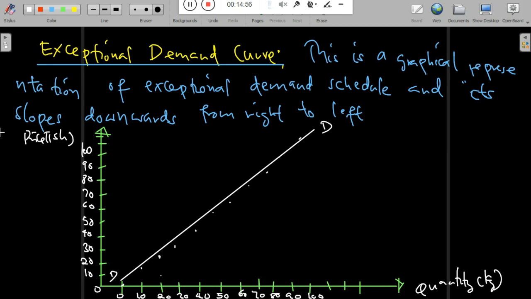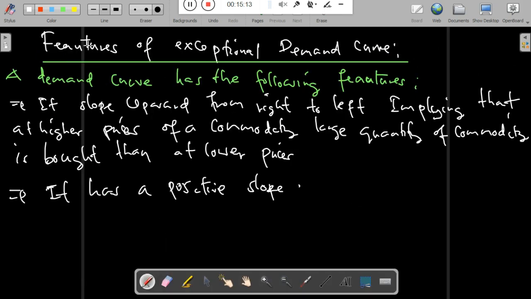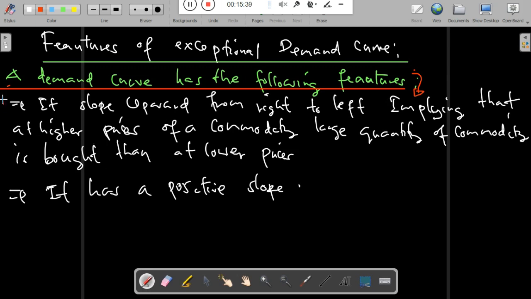So 60 will go with 60, 70 with 70. So your graph will be positively related. The demand curve will slope from left to right, showing the shape of a positive relationship. This means that price and quantity both move in the same direction.